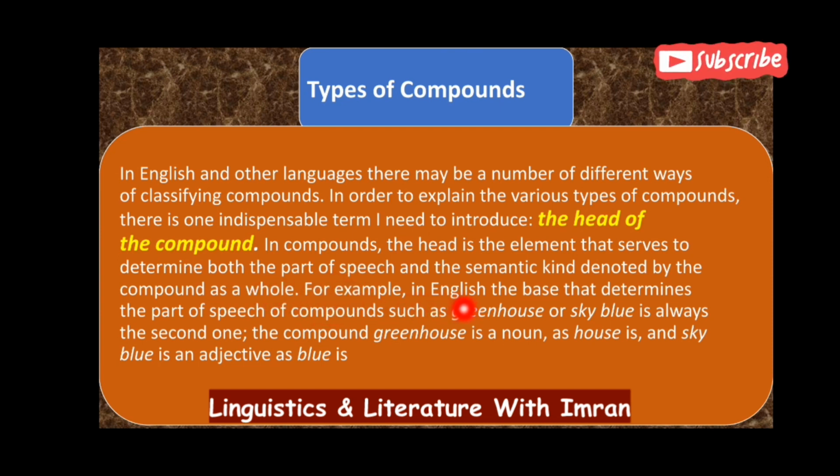Now, for example, in English, the base that determines the part of speech of compounds such as greenhouse, so what is the part of speech of this word greenhouse or sky blue? It is always the second one. You can see that in greenhouse, right? The house will determine which part of speech this word belongs to.